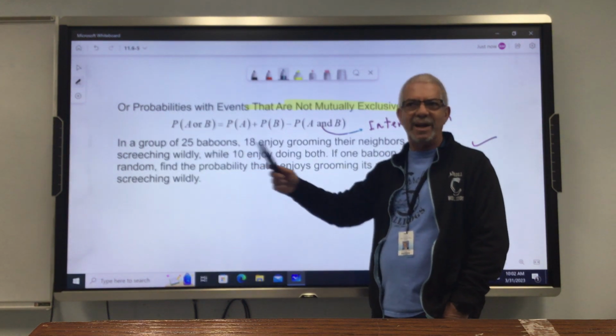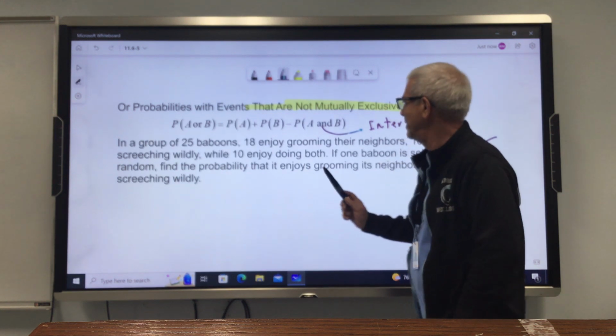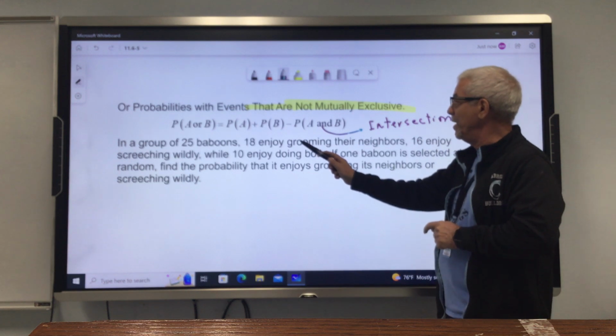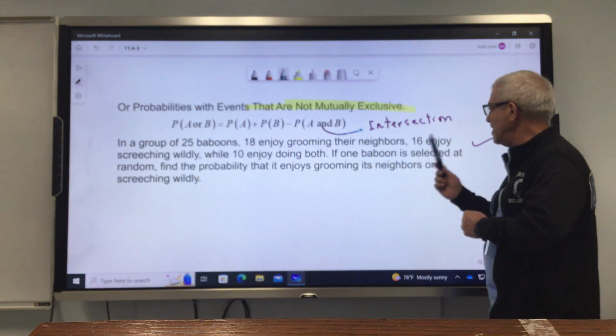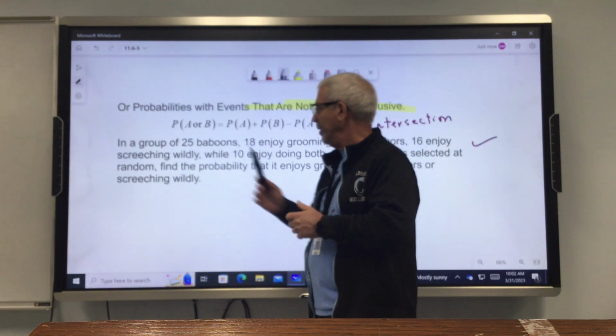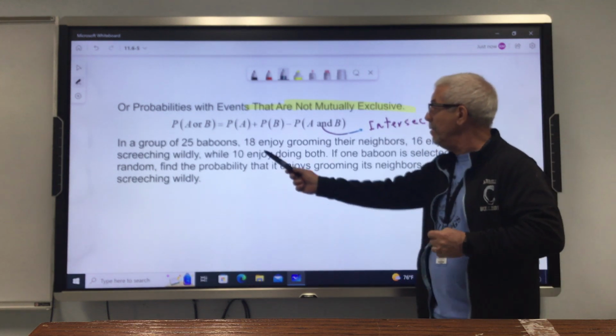You know, baboons are like monkeys. And we have 18 of them that enjoy grooming their neighbors. And we have 16 that love scratching. And we have 10 that enjoy both of them.